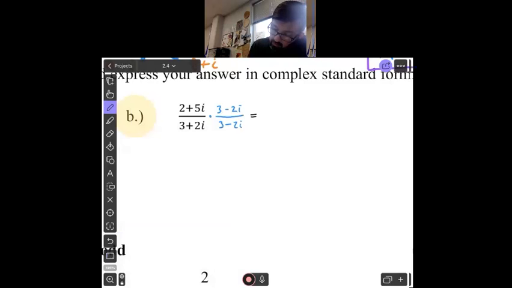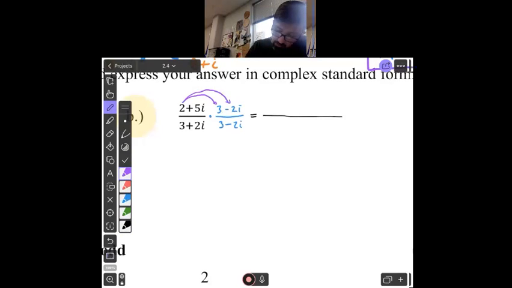So we got a couple FOIL problems to do here. So I got 2 times 3 and 2 times negative 2i. So I get 6 minus 4i on the top. 5i times 3, 5i times negative 2i, which would be plus 15i, negative 10i squared.